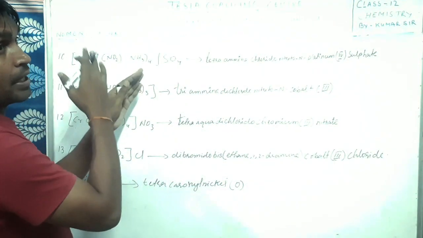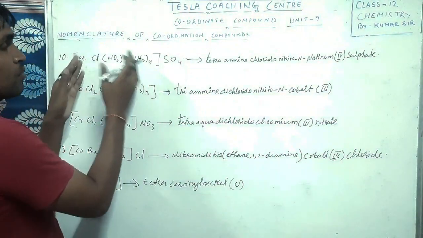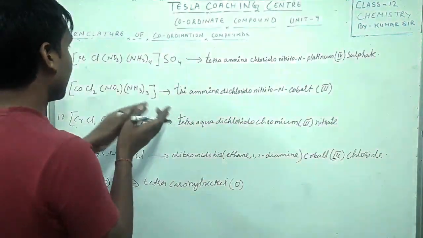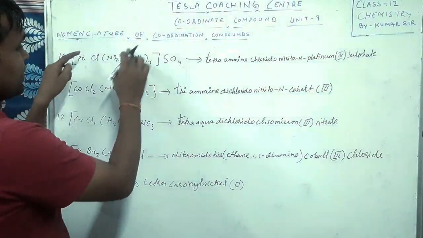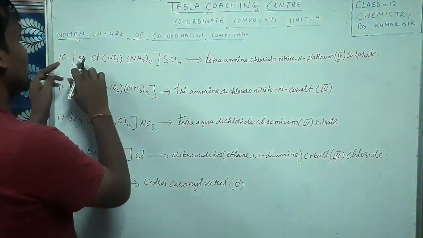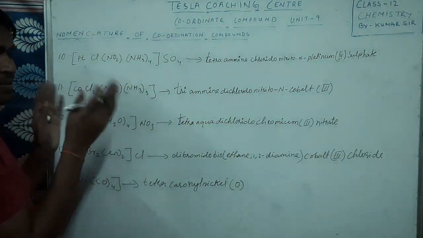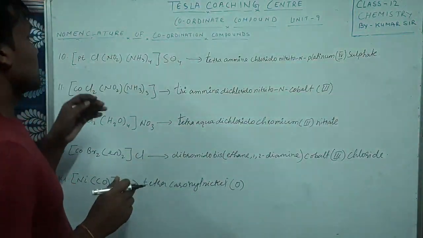So K, Na was acting as a cation, that means positive part, and this bracket was acting as a negative part. But here, the bracket is in the first, so that means the coordination entity is positive. So the name of the central metal will not change for this kind of compounds. Okay, it's very simple. Got it or not?